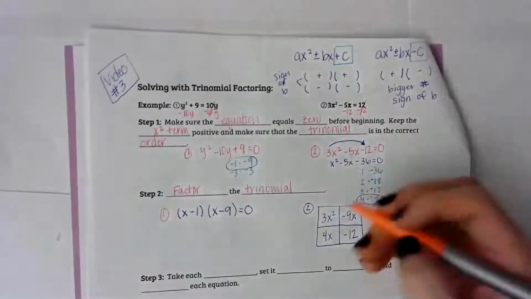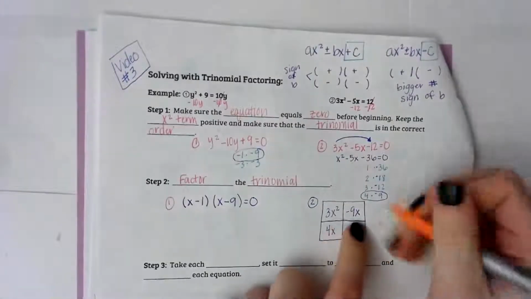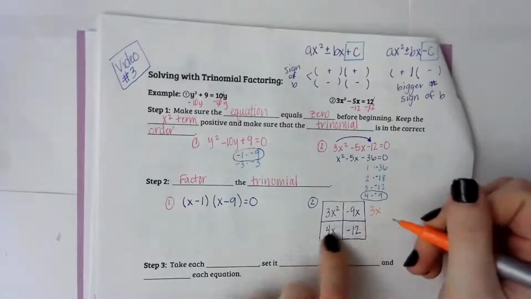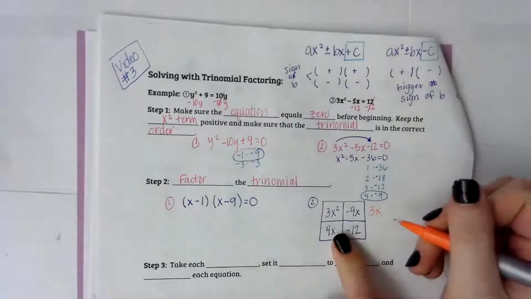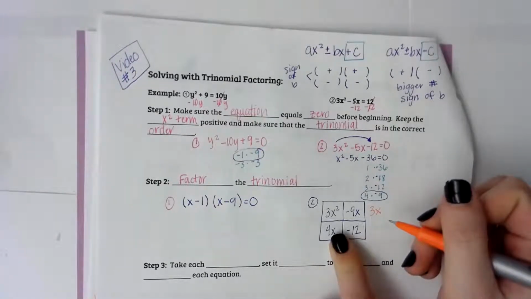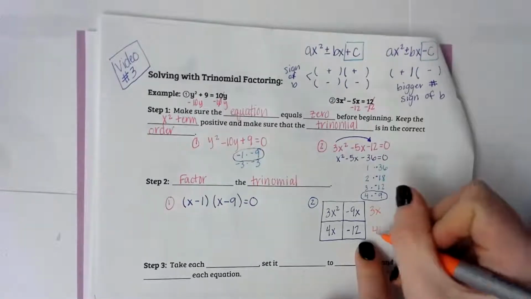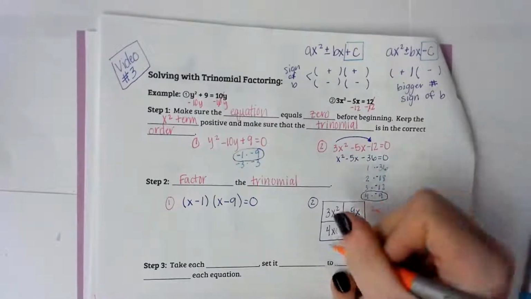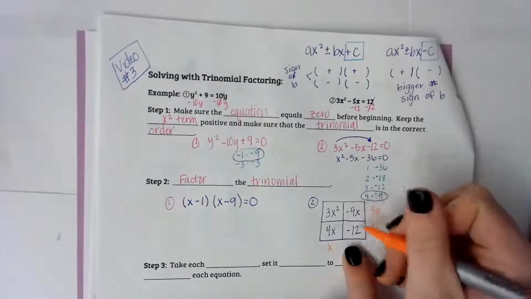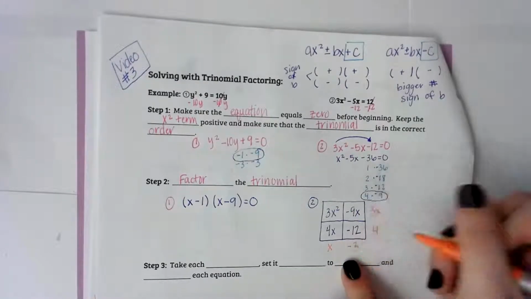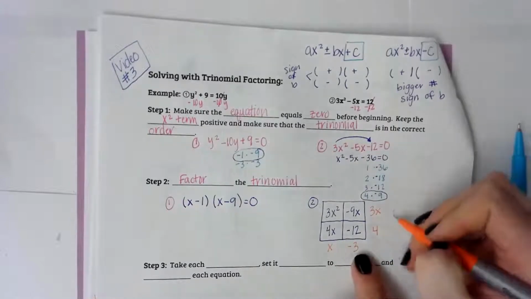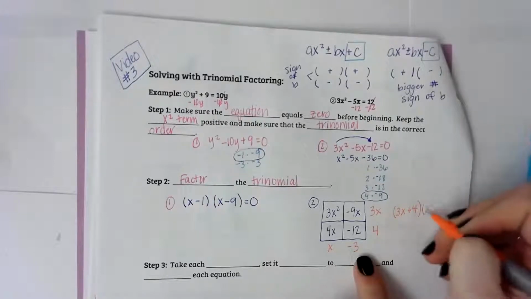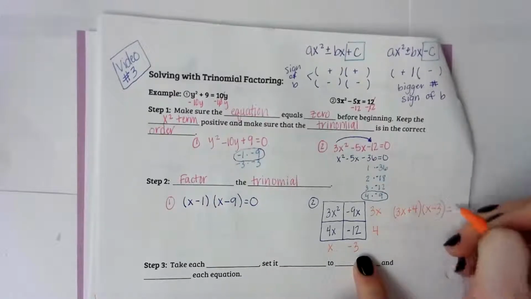So when I factor this, going across, these have a 3x in common. Going across down here, they have a 4 in common. Going down here, they've got an x in common. And down here, they've got a negative 3 in common. So there's our factors. So 3x plus 4 and x minus 3 equal 0.